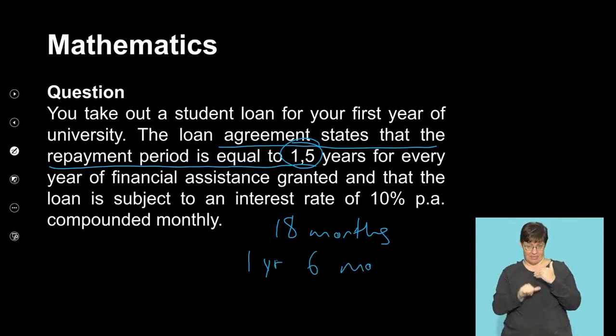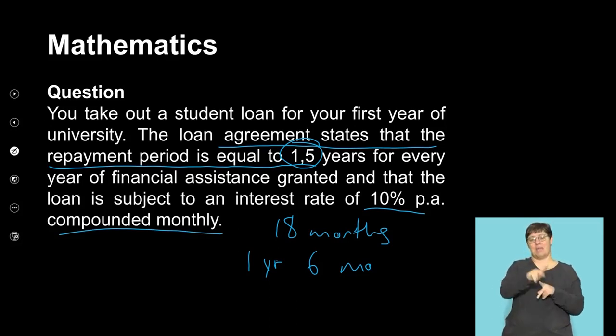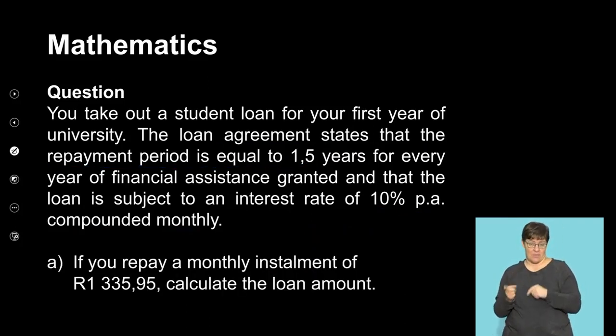And then they say to you, we then grant you this particular loan at an interest that is 10% per annum, compounded monthly. Now you can already see that somehow you know exactly what they might ask you to do, right? It might be, what is the loan amount, or what is the monthly payment for this particular loan.